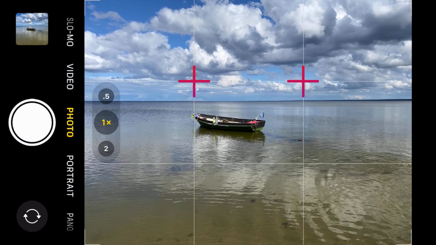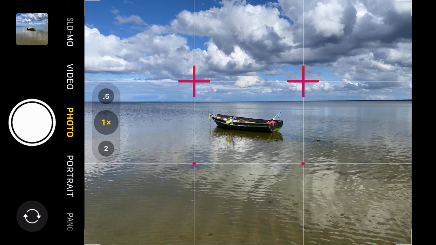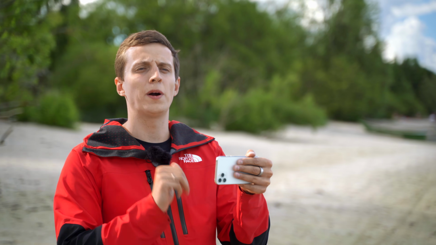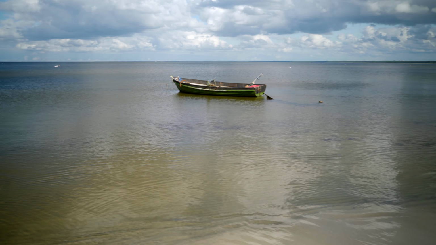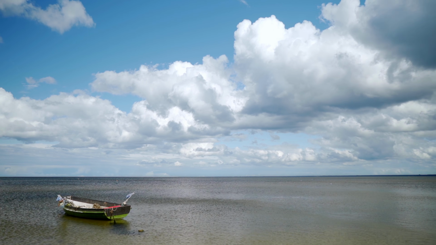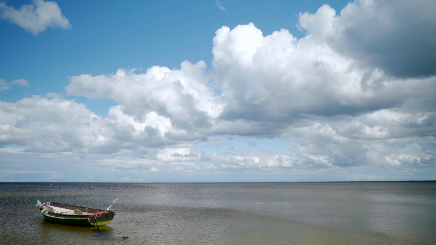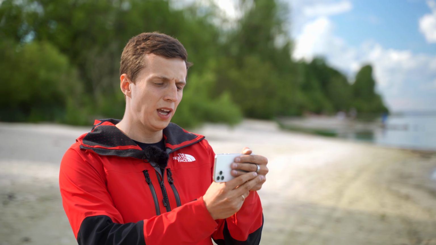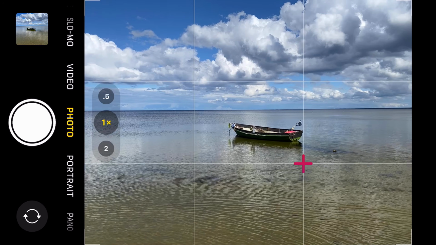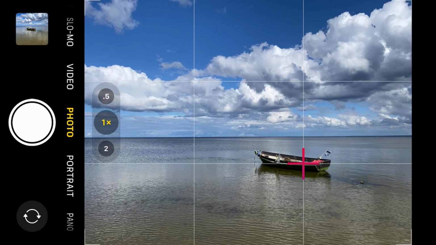I have 2 intersection points at the top and 2 intersection points at the bottom. I know the points at the top aren't going to work so well because the foreground isn't so interesting, it's just water. The sky has those beautiful clouds, and to me, those clouds are really important. So I'm going to start by positioning the boat at the bottom right grid line intersection point.